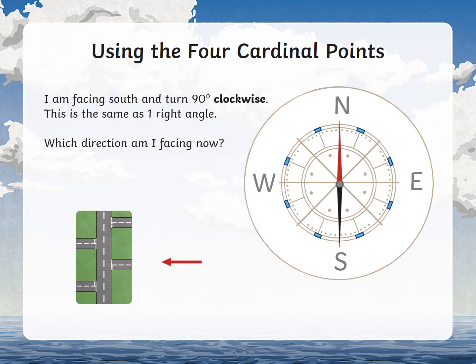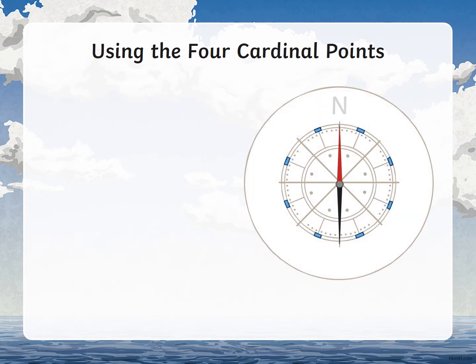Now, even if you couldn't work out which way you were supposed to turn or by how much, what direction is that arrow facing now? Look at the compass. It's facing west. Let's try another one.